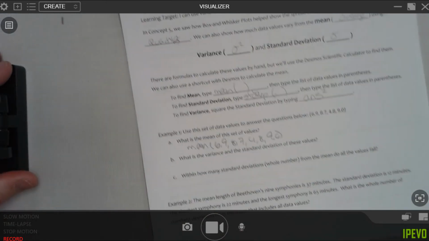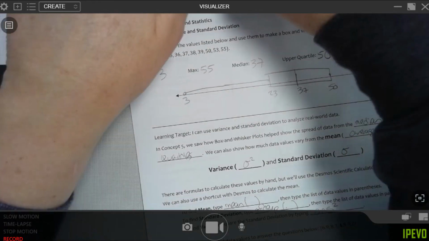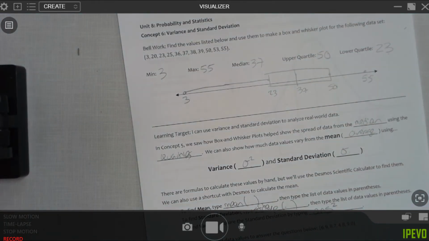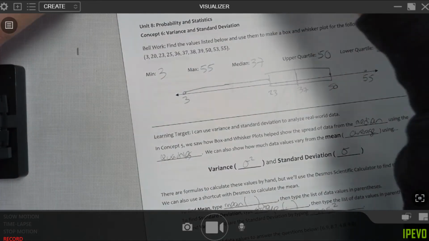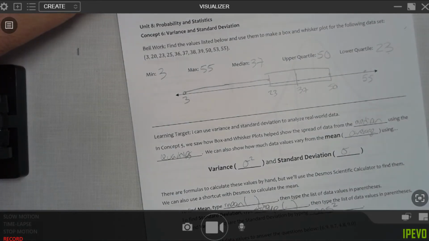So I'm going to try to do that real quick and then show you guys my screen so you can see what it's going to look like if you have to do this. We said 6.9.